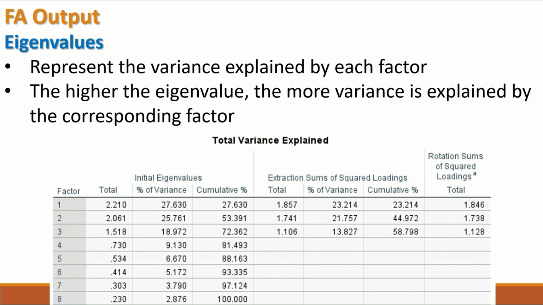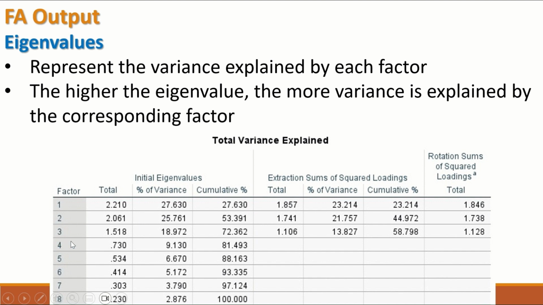So here is a table extracted from FA analysis for items in a questionnaire, and as shown here, there are 8 items and only 3 factors, factor 1, 2 and 3. This table shows the total variance explained by the factors. If we look at the initial eigenvalues, percentage of variance, we see that factor number 1 explains 27.6 of the variance, factor 2 25.7, factor 3 18.9.